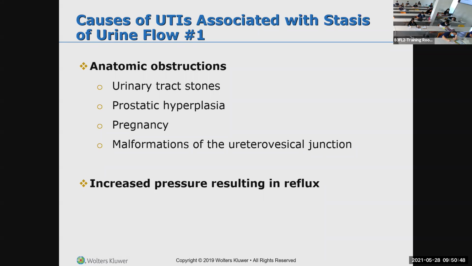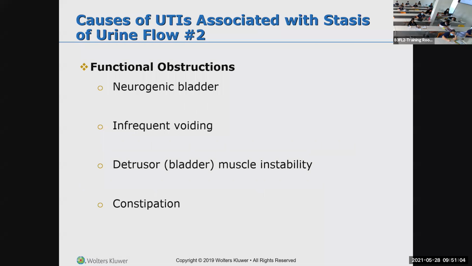If it is below the ureterovesical junction, both kidneys are involved. If it is above the ureterovesical junction, then one kidney is involved. That leads to increased pressure resulting in reflux. Urine is backflowing because of the obstruction.